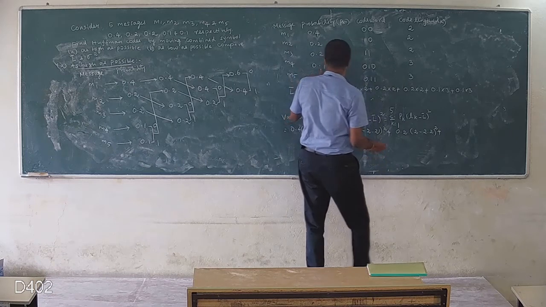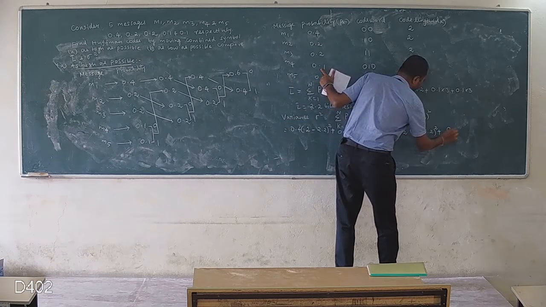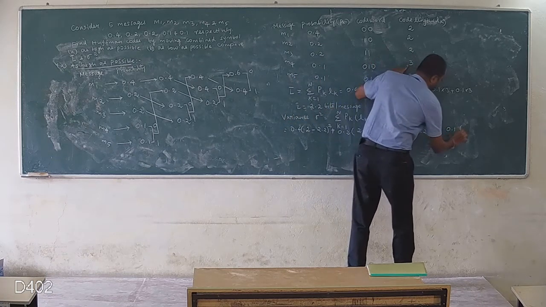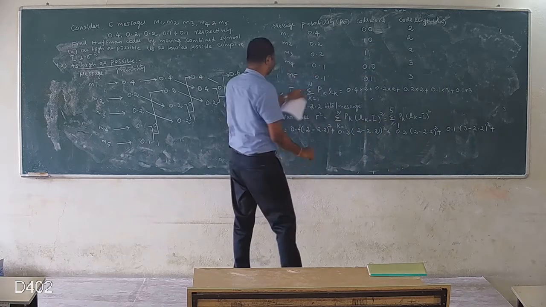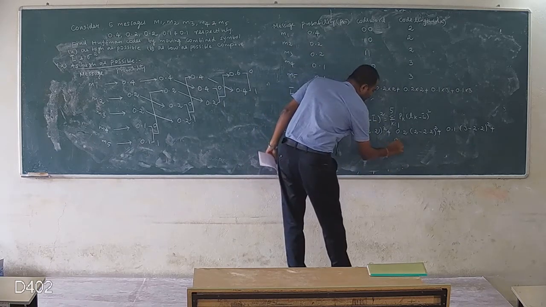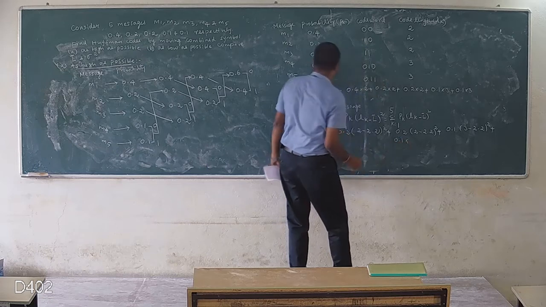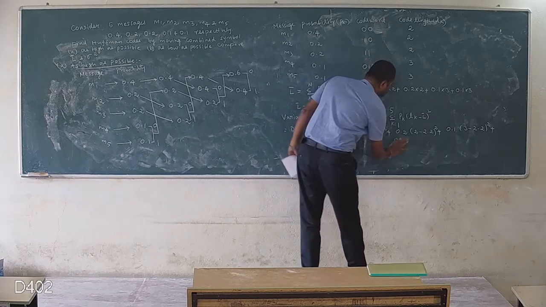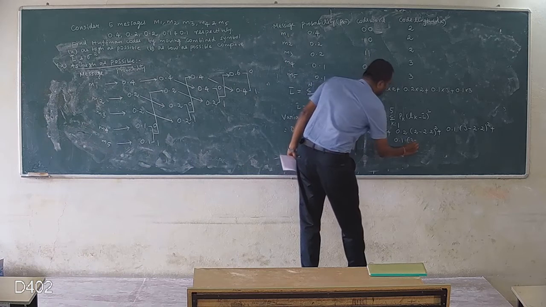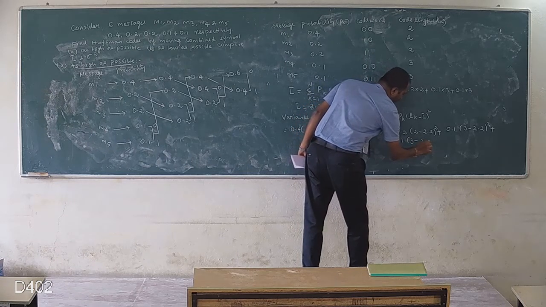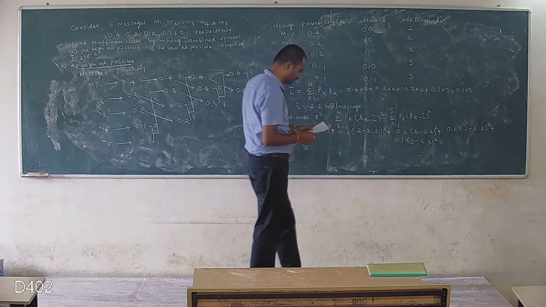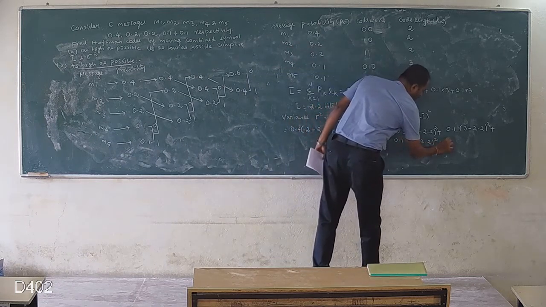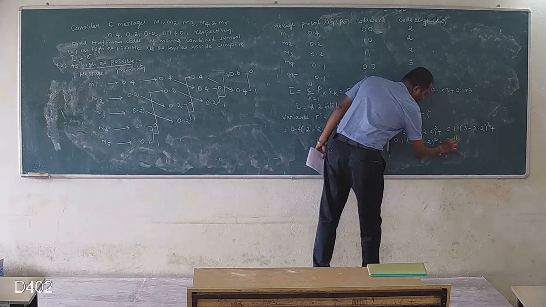For M4, 0.1 into (3 minus 2.2) whole square. For the last message, 0.1 into (3 minus 2.2) whole square. If you compute the value for variance, it will be 0.16.